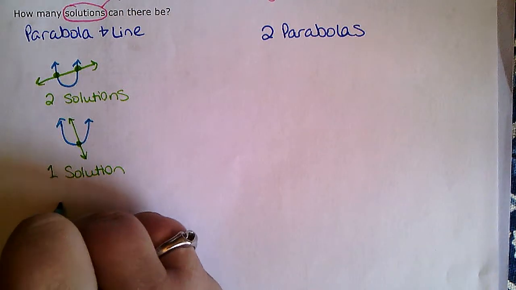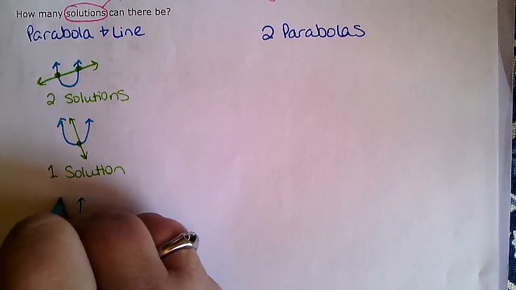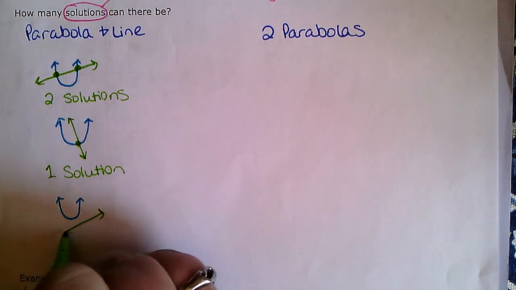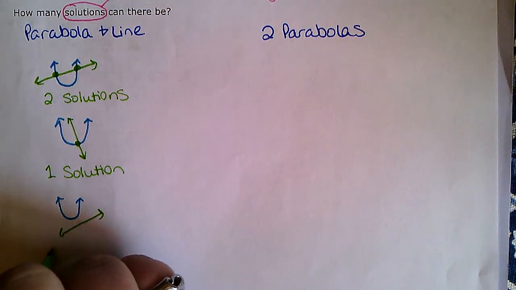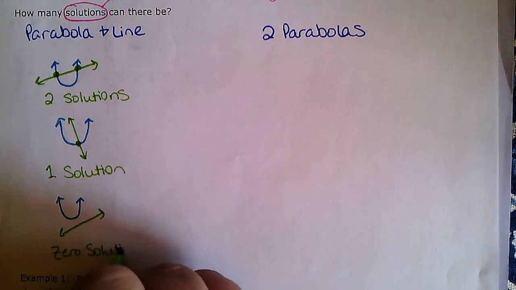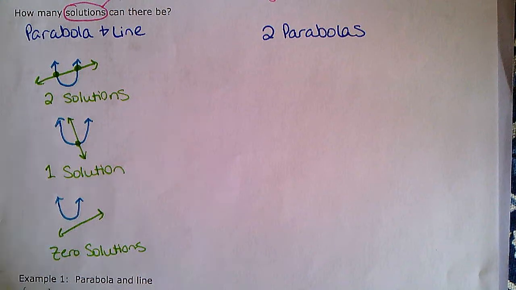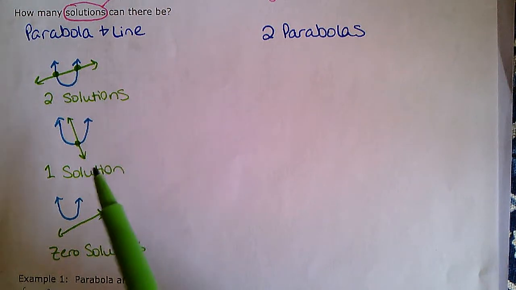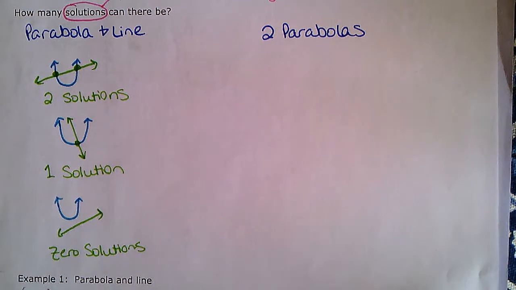And just like in chapter 3, sometimes they don't intersect anywhere and just miss each other, where we have zero solutions. So the possibilities so far when we have a parabola and a line: we can have two, one, or zero.